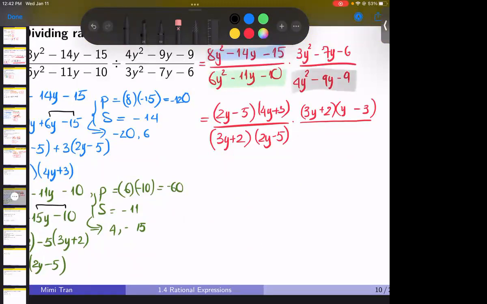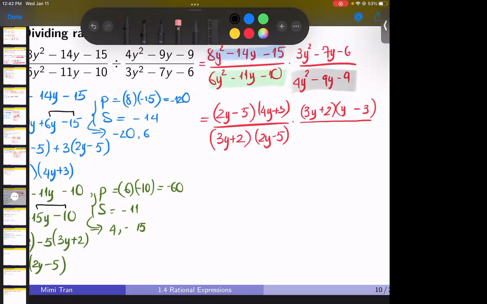Why don't you guys do that and tell me what you got? Anybody have the answer yet? Yeah, what you got? Well, y minus 3 and 4y.